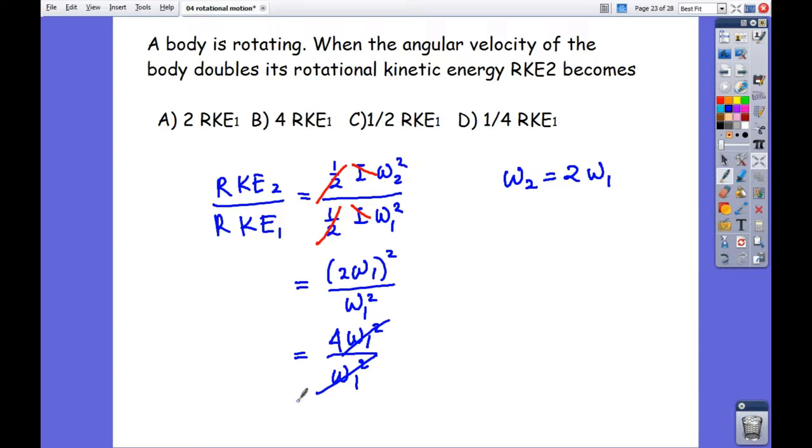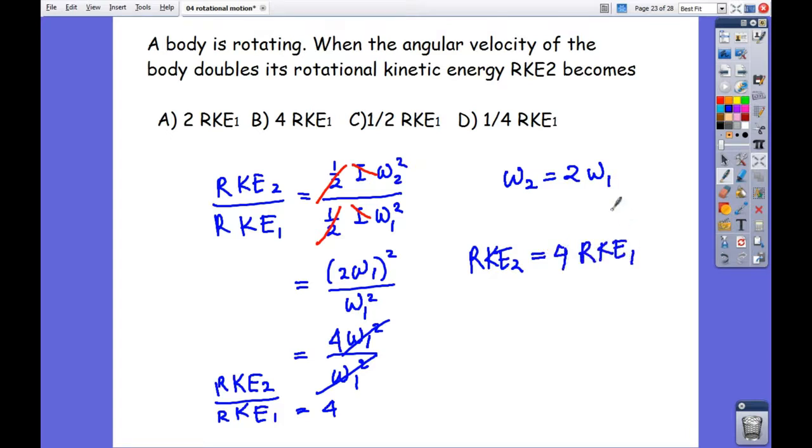Cancel, so we have 4. So the final rotational kinetic energy equals 4 times the initial rotational kinetic energy.